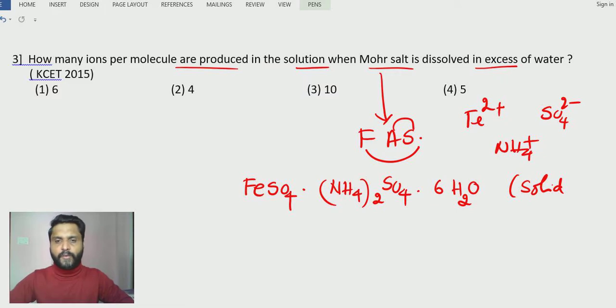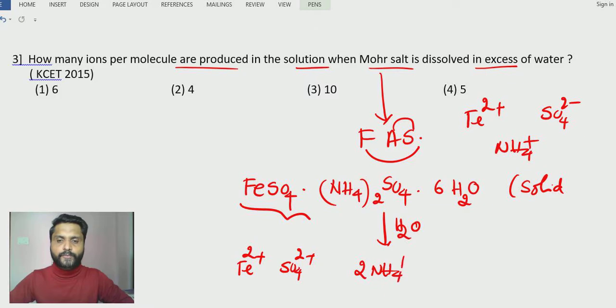When it is dissolved in a large amount of water, all these will undergo ionization. This is a double salt actually. They give rise to ferrous ions and sulfate ions from the ferrous sulfate, and from the ammonium sulfate, 2 moles of ammonium ions and sulfate are produced. The water molecules go along with the water taken here.